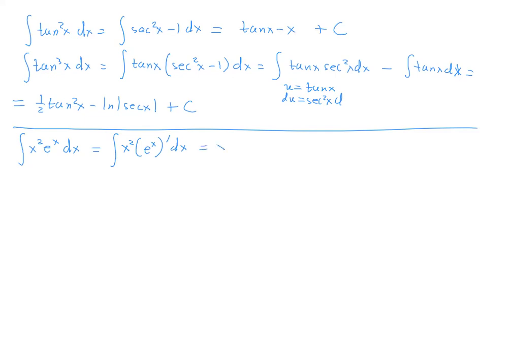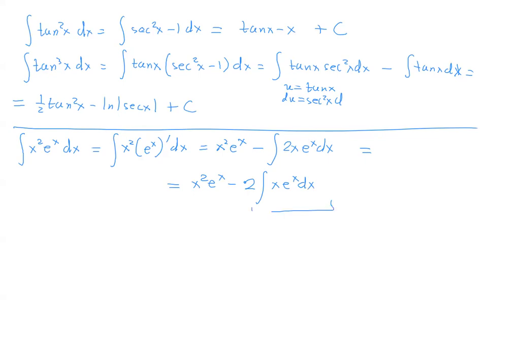That gets you started with x squared e to the x minus the integral of the derivative of x squared, which is 2x e to the x dx. At this point, you realize that what you have got is an integral of the same pattern with 1 degree less.